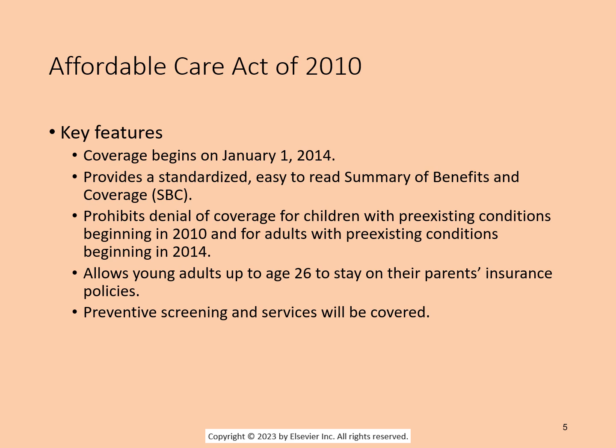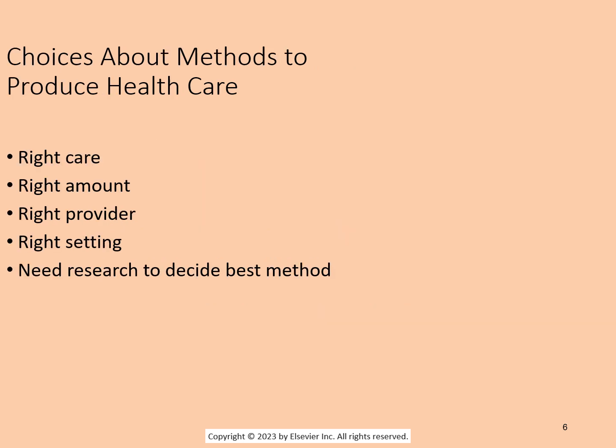The Affordable Care Act, we beat that horse to death already, so I'm sure y'all understand what that means. It was a good act because it provides care for clients with pre-existing conditions, and preventative screening and services are also covered under the Affordable Care Act, which is good.